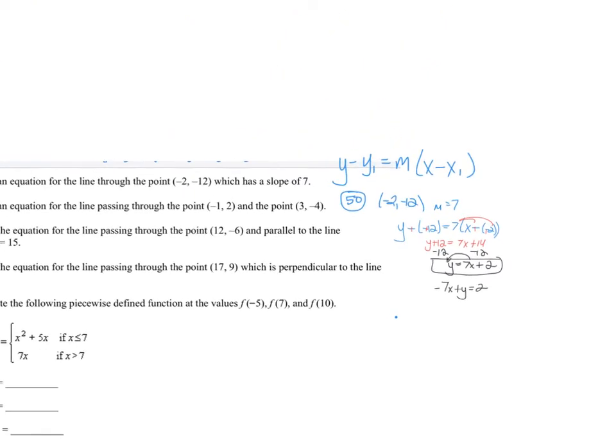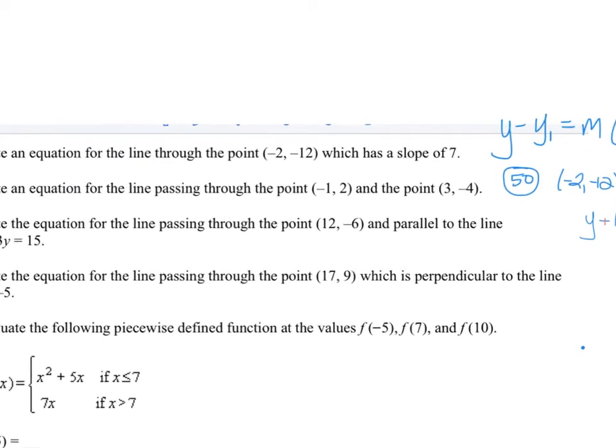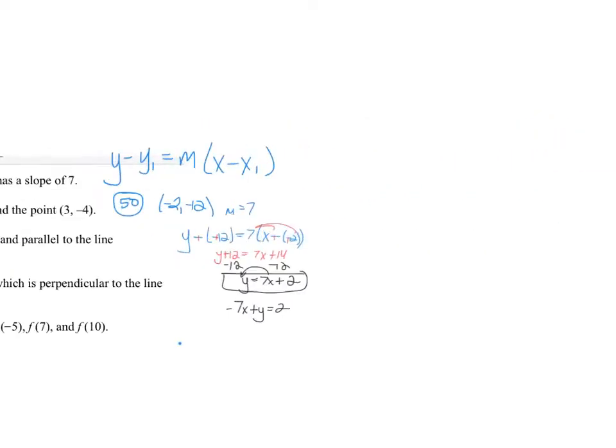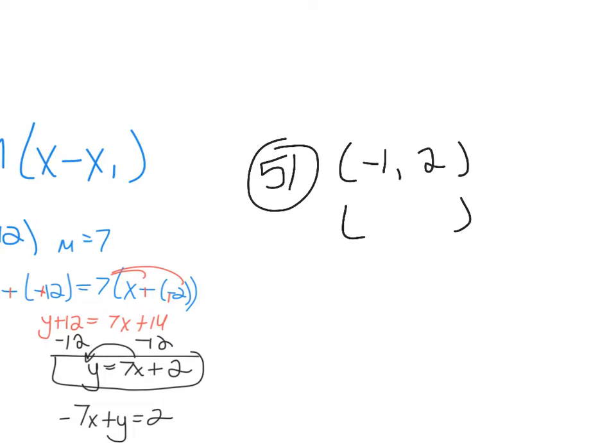All right, 51, the equation of the line passing through, well, they gave me 2 points. Can somebody look and tell me what the 2 points are? It's -1, 2, and 3, -4. If I have point slope form, I need a point, which I do, and I also have to have the slope.